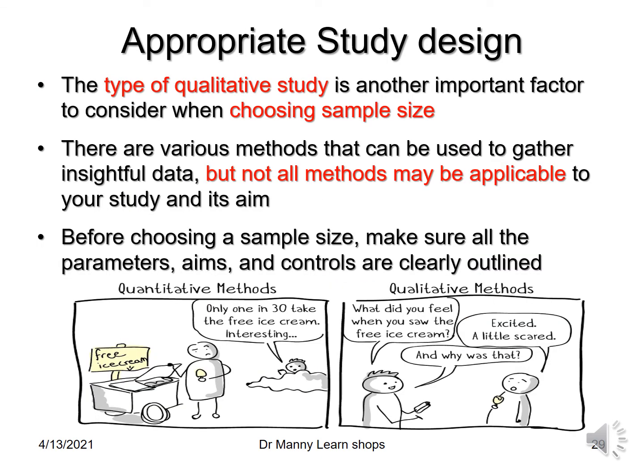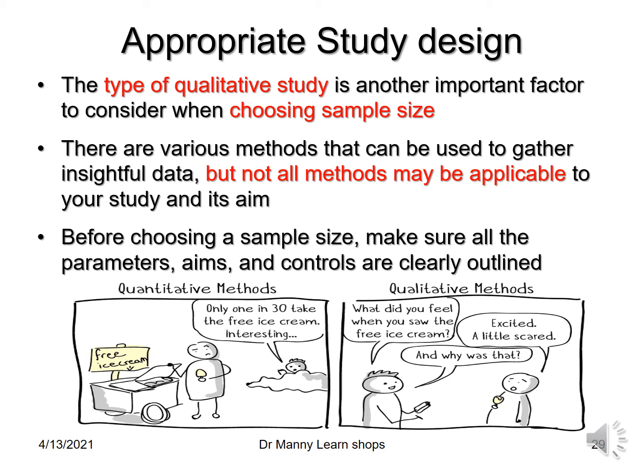Next, it's appropriate to choose the right study design. And the type of qualitative study is an important factor when choosing the sample size. So you've got to have an idea about what design or research approach you want to use. There are various methods that can be used to gather good data, but not all methods may be applicable to your study and its objective.